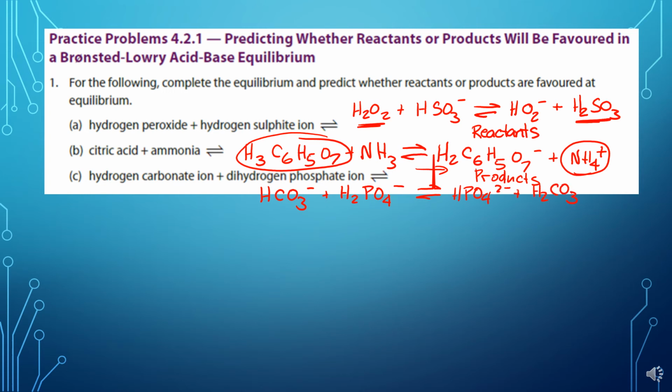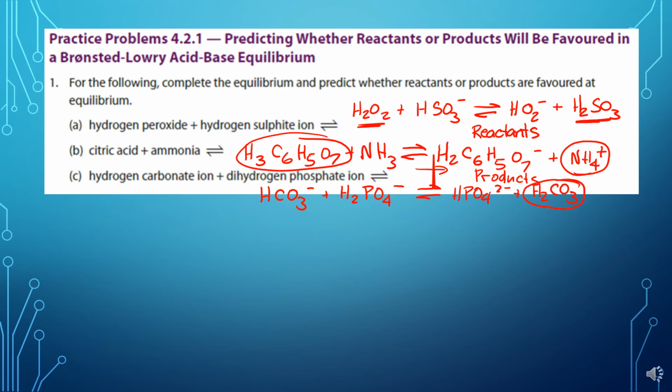So with this particular one, because they're both amphiprotic, I had to go through and figure out which one of hydrogen carbonate and dihydrogen phosphate was stronger. With this one, the dihydrogen phosphate is a stronger acid, so it gets to donate the hydrogen ion and turns into HPO4.